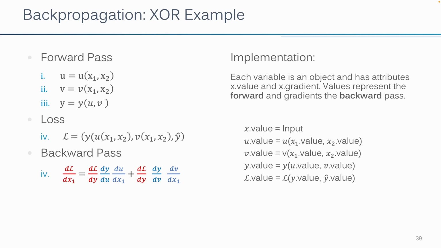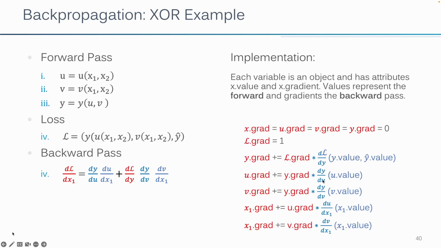The values represent the forward pass, the actual value that is computed, and the gradient represents the backward pass that we just computed. So the x value is just the input value, the u value is a function of the x1 and x2 values, the v value is a function of the x1 and x2 values as well, the y value is a function of the u and v values, and the loss is a function of the y and y hat values.